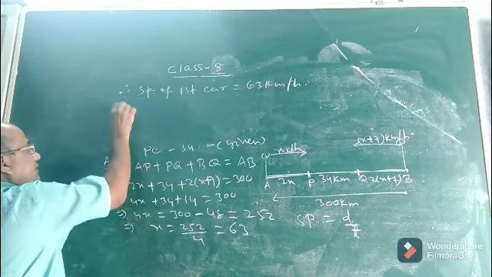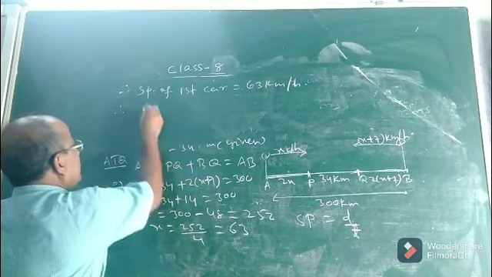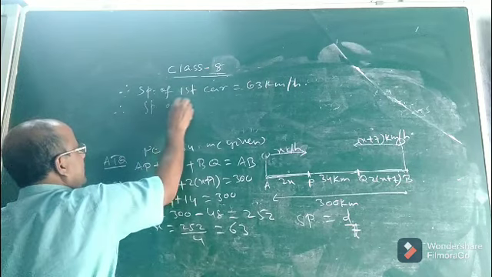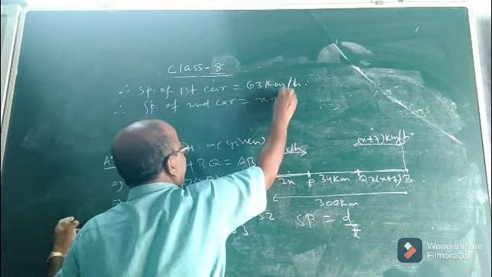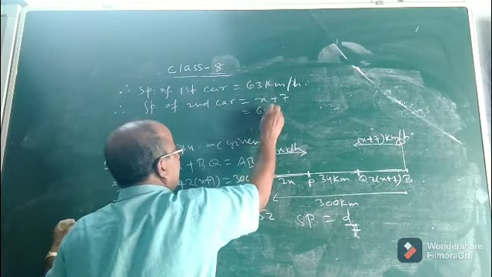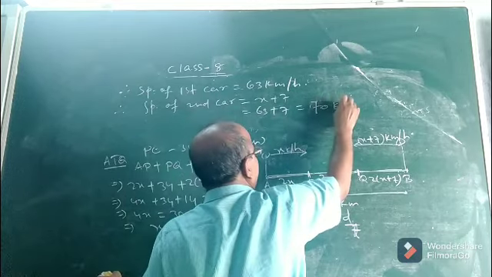Now what will be the speed of the second car? It is 7 km per hour more, x plus 7. So the speed of the second car is x plus 7, that is 63 plus 7, which is 70 km per hour.